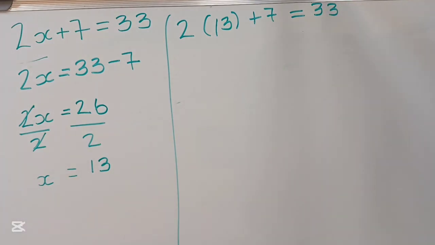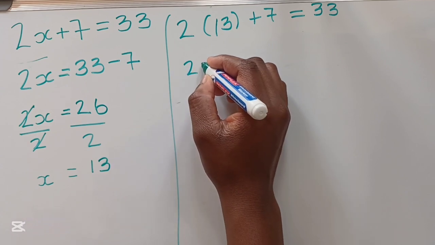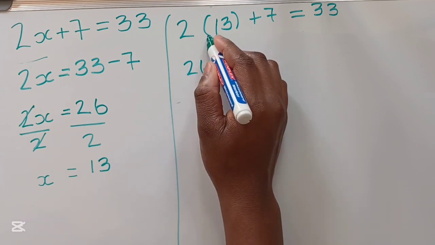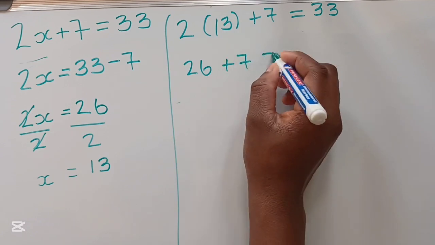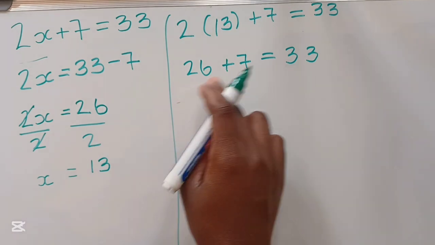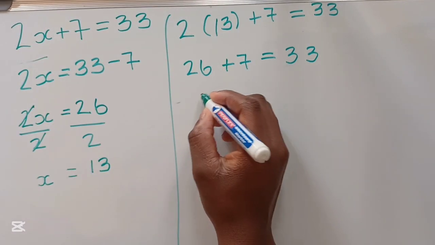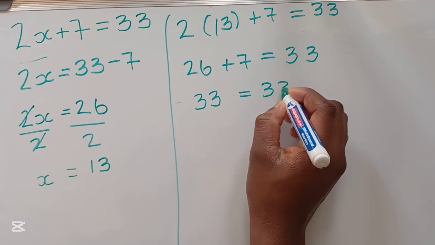Alright? So 13 times 2 will give you 26, because brackets mean times. That's why I said 2 times 13 plus 7 equals 33. 26 plus 7 will give you 33, equals 33.